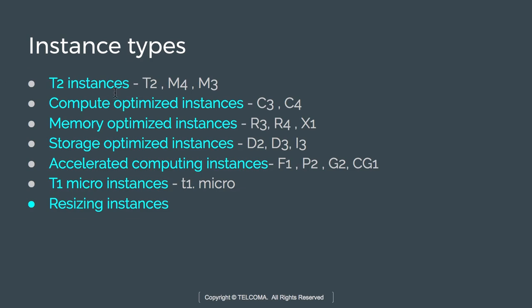These are the names: for T2 instances, T2, M4 and M3; compute optimized C3 and C4; memory optimized R3, R4 and X1; storage D2, D3, I3; accelerated F1, P2, G2, CG1; T1 micro instances, T1 dot micro; and resizing instances.